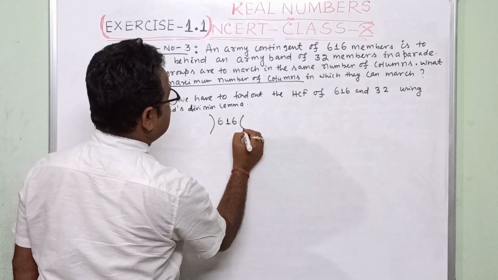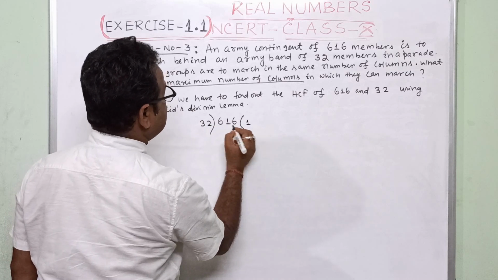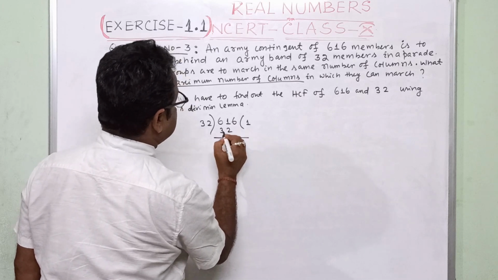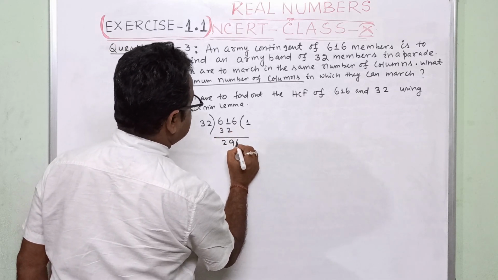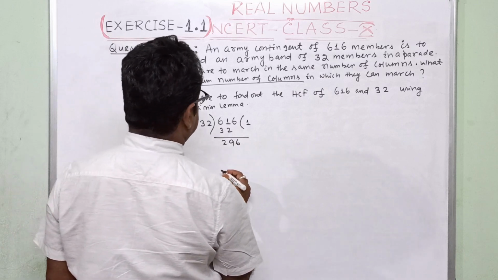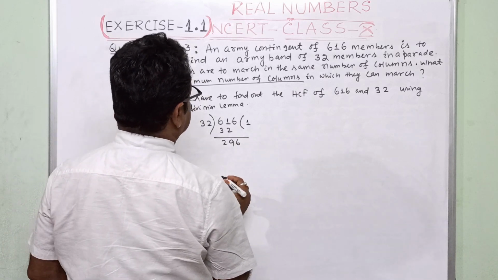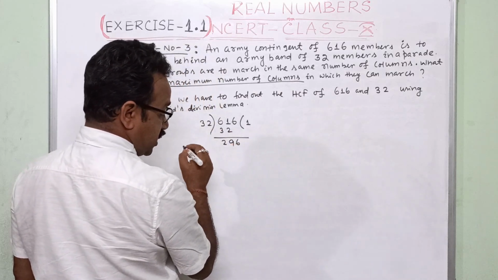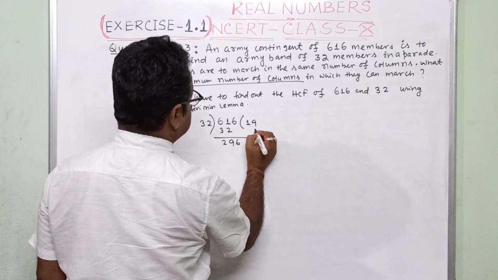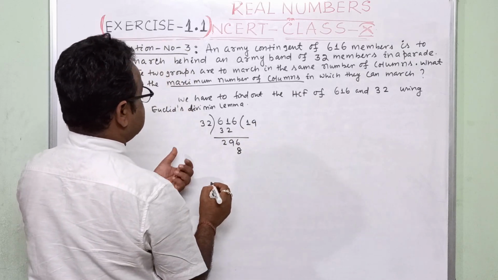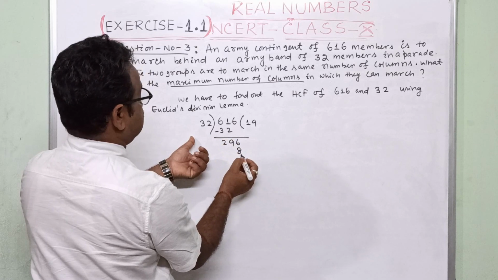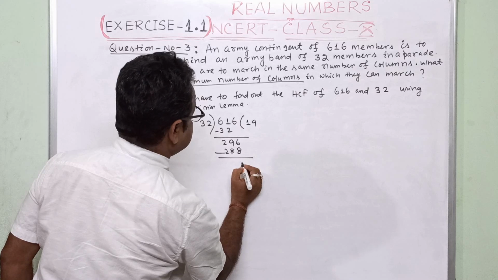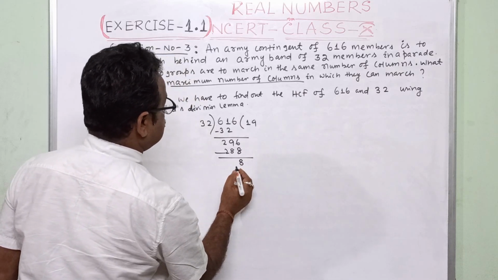616 divided by 32. 32 into how much? 19. 32 into 19 is 608. Now 616 minus 608 is 8.